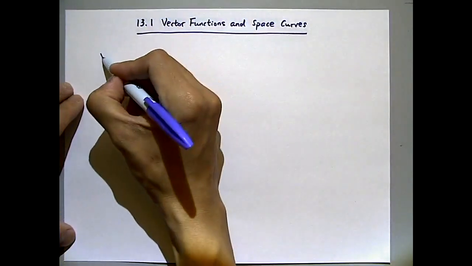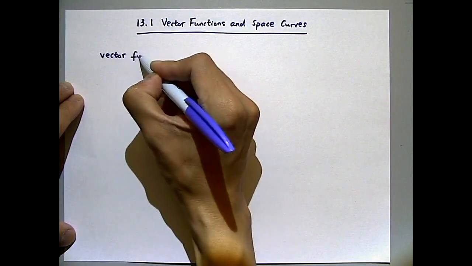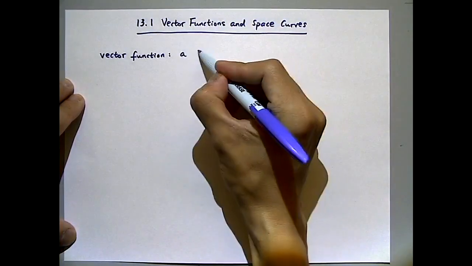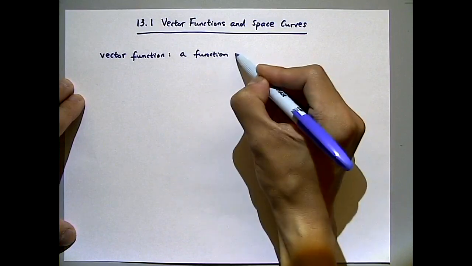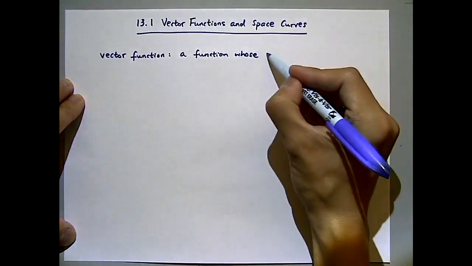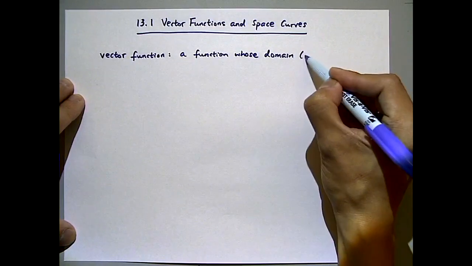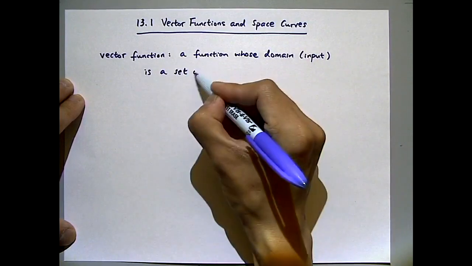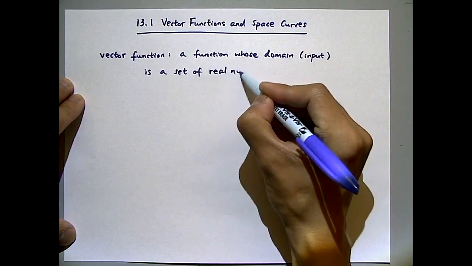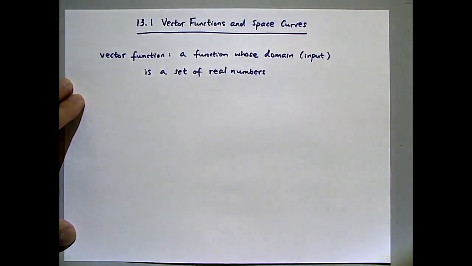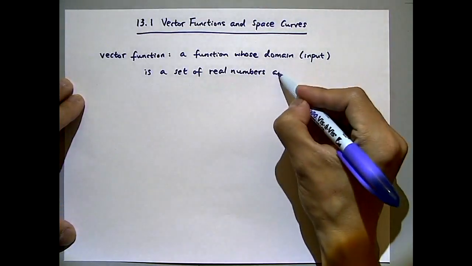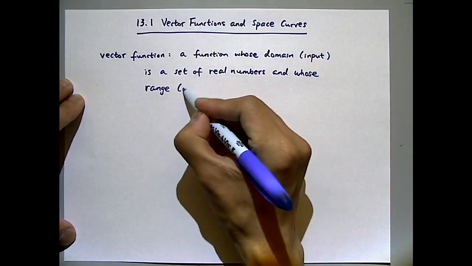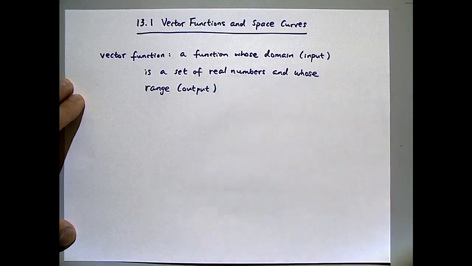So, a more precise definition: this is a function whose input or domain is a set of real numbers and whose output or the range is a set of vectors.